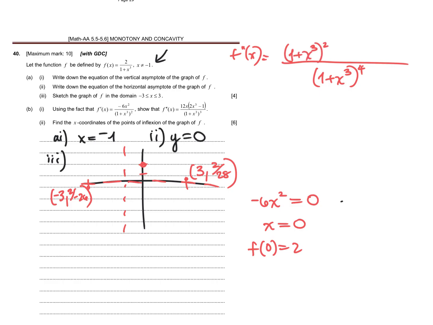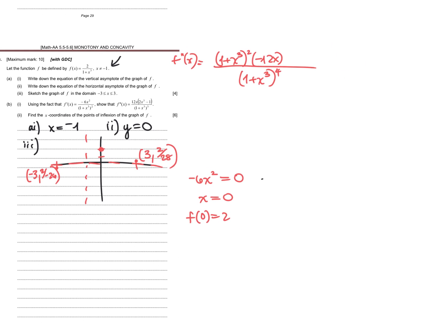So v times the derivative of u, which is negative 12x, minus u times the derivative of v, which is 2, 1 plus x cubed to the 1 times 3x squared by chain rule.